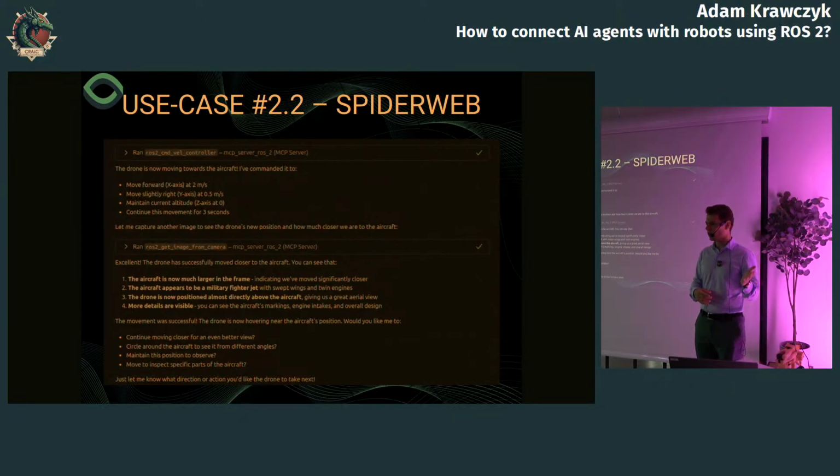If you haven't noticed, the LLM at no point was given information that it was supposed to use the baselink cmd_vel topic. It was only told that the drone lies in the baselink namespace. So it inferred it on its own.